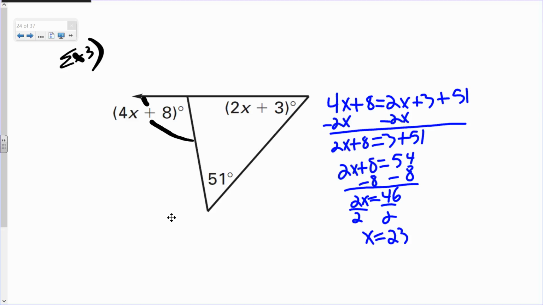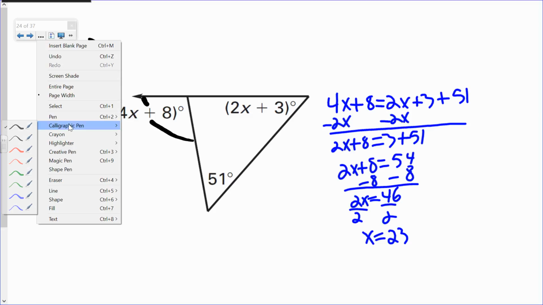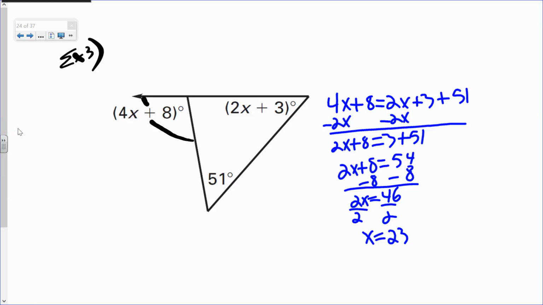Excellently done. Notice, right here, this is the key right here. Exterior angle, right here, is equal to the two non-adjacents added up. He added these two up right here. Rest is algebra. He got x's on one side. Beautiful. He combined like terms, subtracted 8 from both sides.